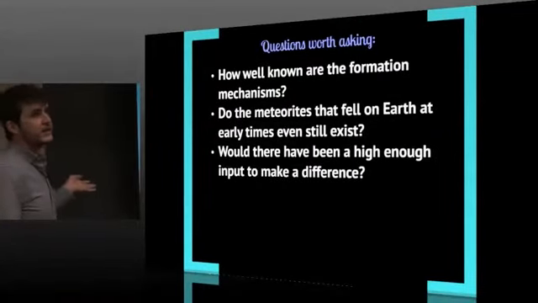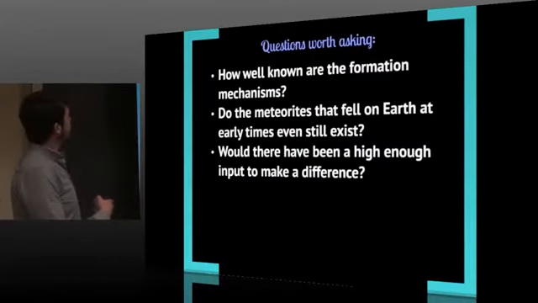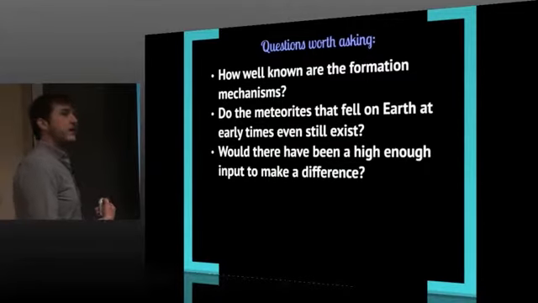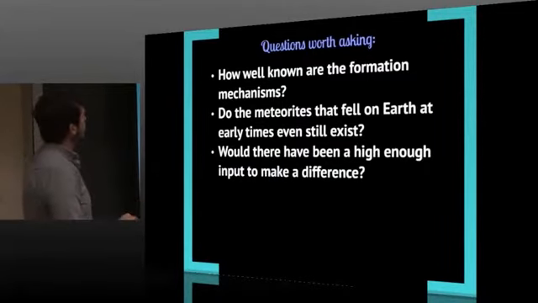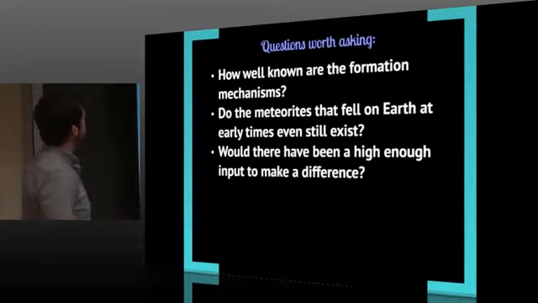Okay, so questions worth asking when we talk about amino acids and meteorites. How well known are the formation mechanisms, right? So we talk about maybe characterizing a meteorite on the basis of running a bunch of reactions in the lab, right? You can only run certain reactions. So how well do we know what mechanisms might have been operating in the meteorites when the amino acids actually formed?